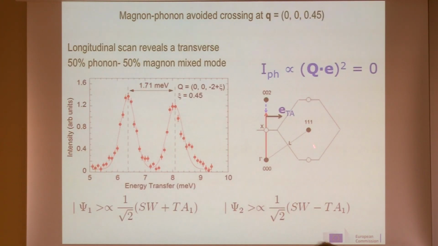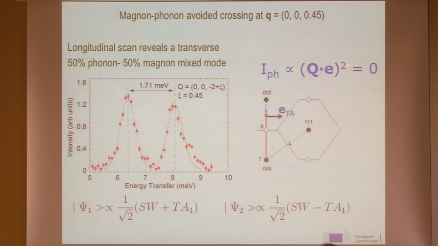If you do a scan like this, here the big Q, the momentum transfer, is moving from 002 towards 000. The quasi-momentum of the phonon is along this direction, so it's parallel to Q. The phonon is transverse. It means that it's oscillating in this direction. So Q dot E is 0.